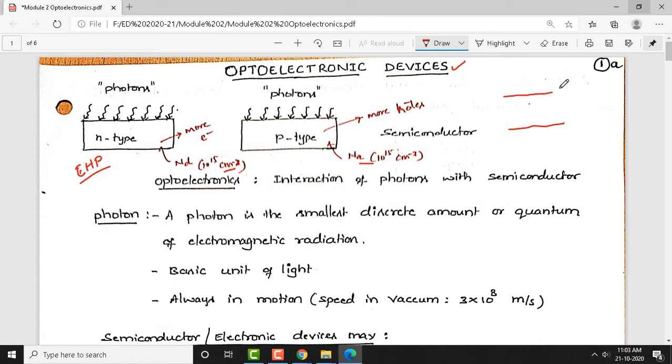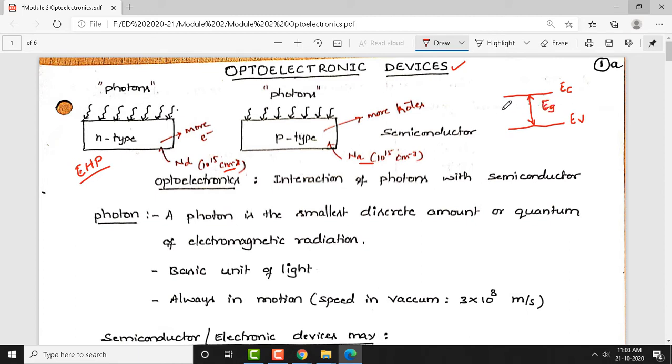Here, suppose this is the conduction band, and this is the valence band. Electron acquires energy, in this case photons are the source of energy. When photons interact and you apply energy, the amount of energy required is equal to the band gap, so let me call this E g, the band gap.